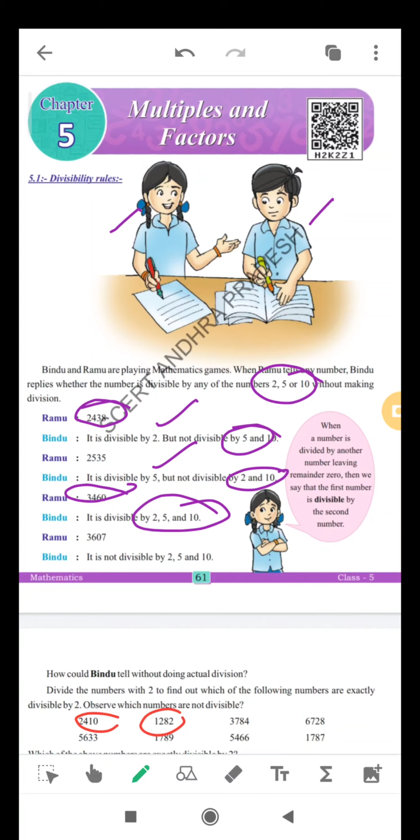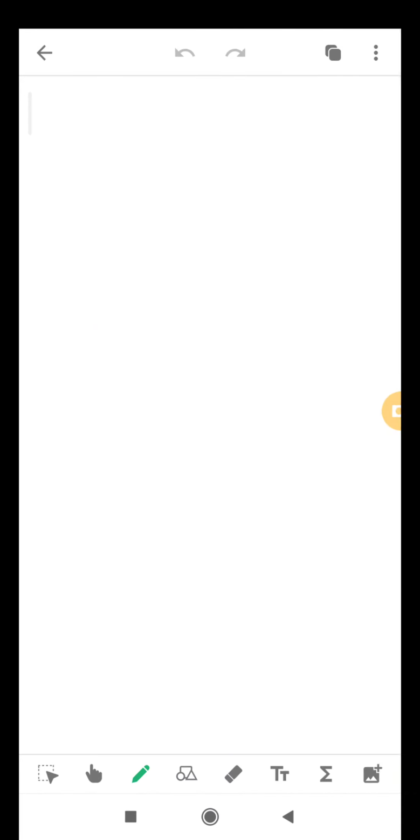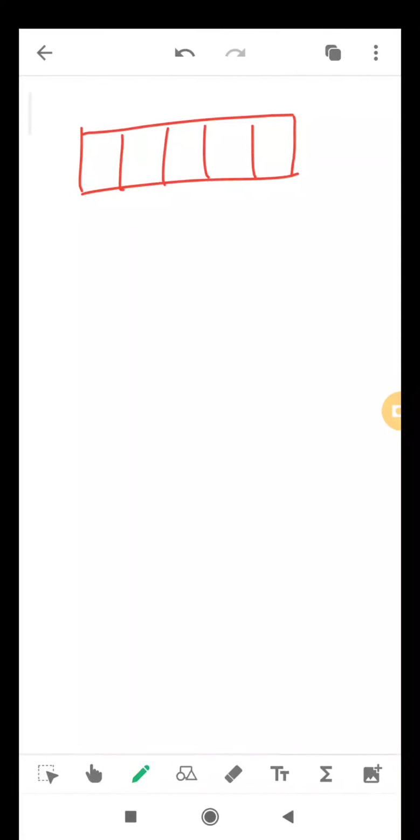Okay, now here the rule is, I'll just tell you. Suppose you observe after dividing, whether this is any big number or any small number, the units digit must be either 0 or 2 or 4 or 6 or 8, or you can say that the number must be an even number.